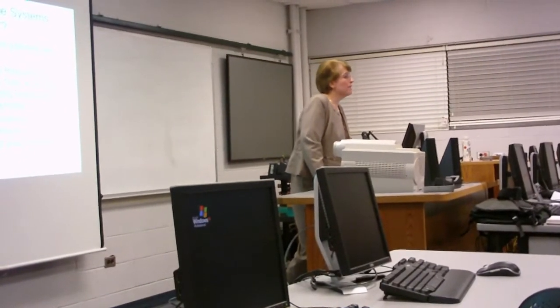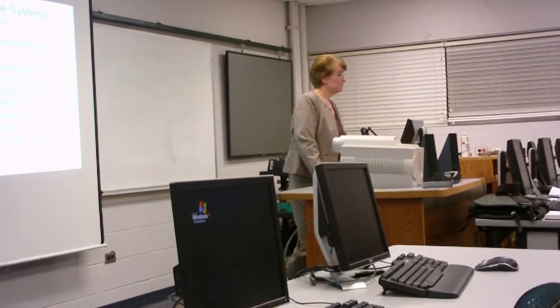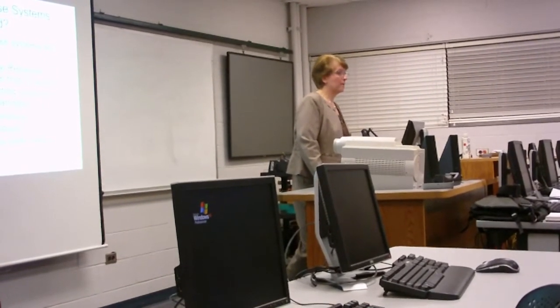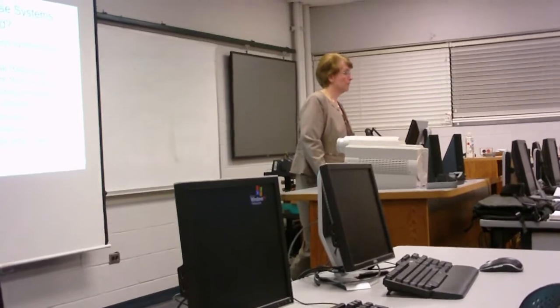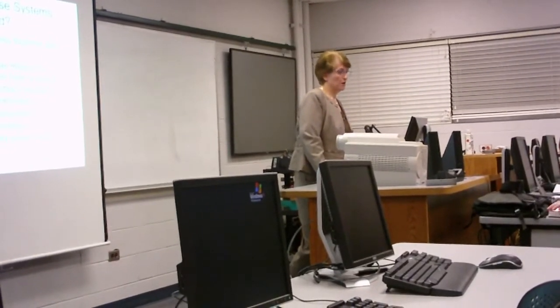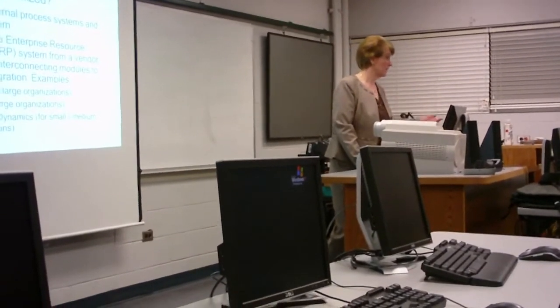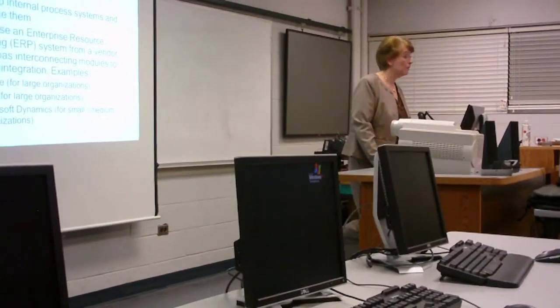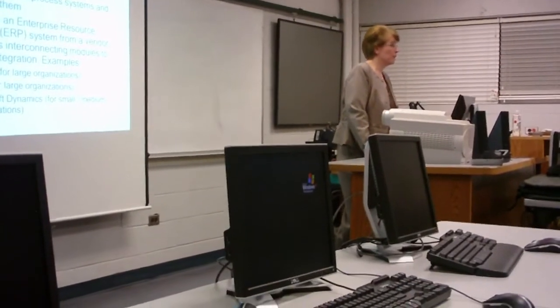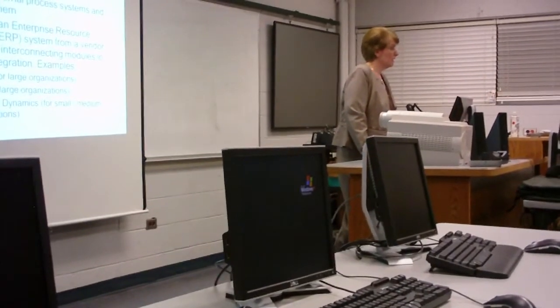The advantages of them are they're all modular. You can buy and implement the modules that make sense for you. Those modules are fully integrated. The companies have a vested interest in making them so. And they're pretty well out of the box.